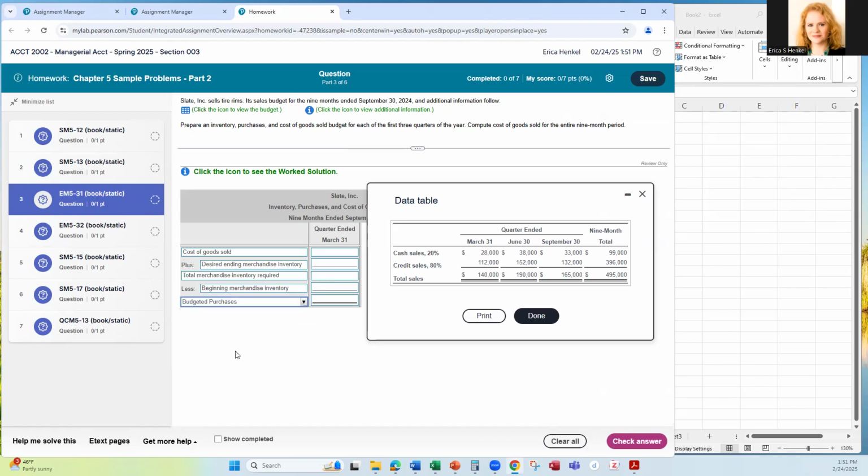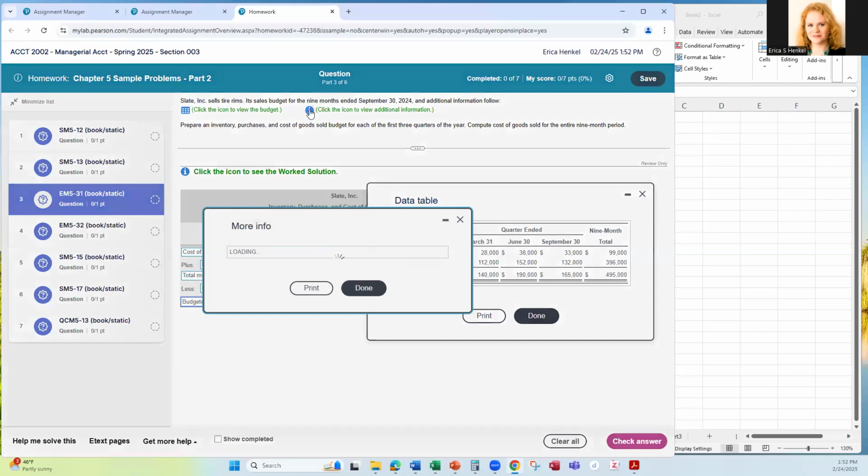So for our cost of goods sold here, these are our total sales. Oh, here we go, additional information.